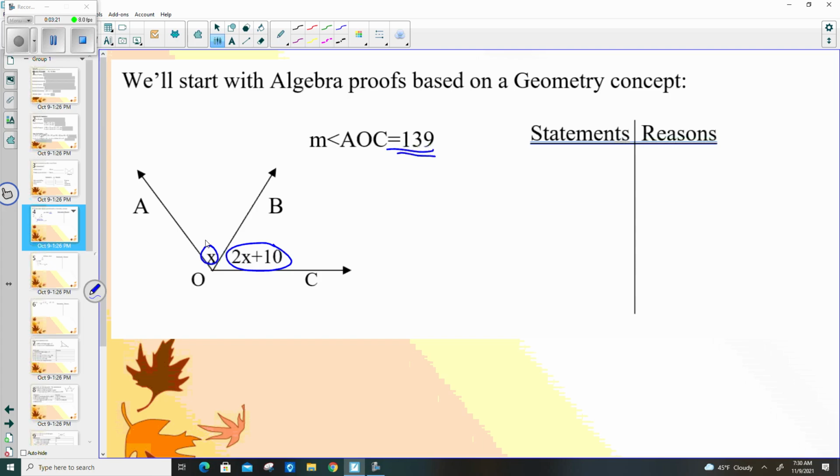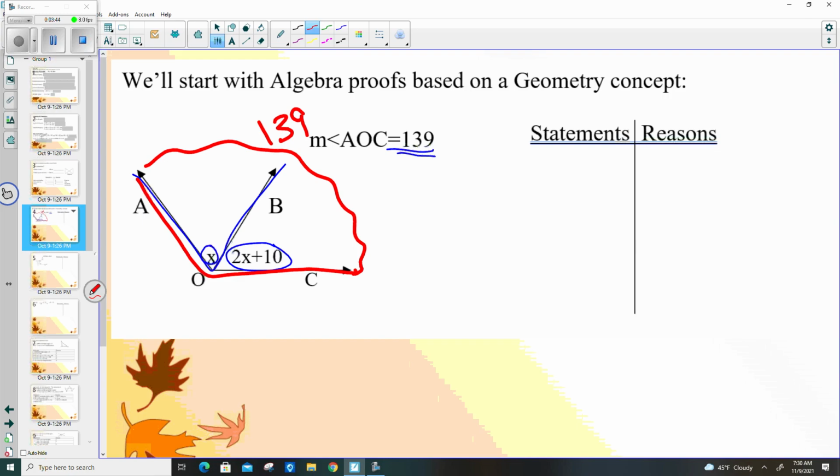What objects are we adding together? What are these things called? Angles. We're adding 2 angles together to get to AOC, which is this entire angle.